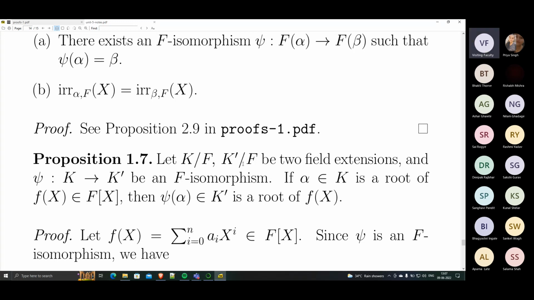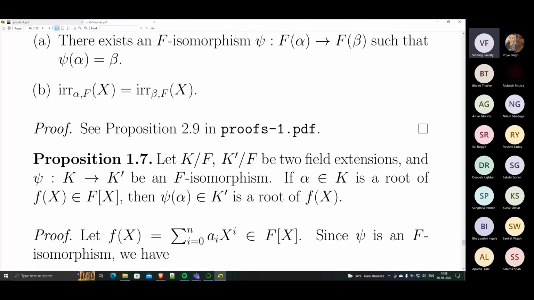They are isomorphic, but stronger than that. There is an isomorphism between K and K prime, which fixes every element of F. Okay, now you understand what is an F isomorphism. K and K prime are both lying above F, but every element of F is fixed. Elements of F go to themselves, other elements go to other elements. Okay, and this is an isomorphism between K and K prime.